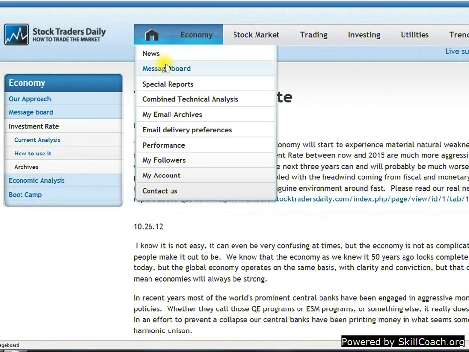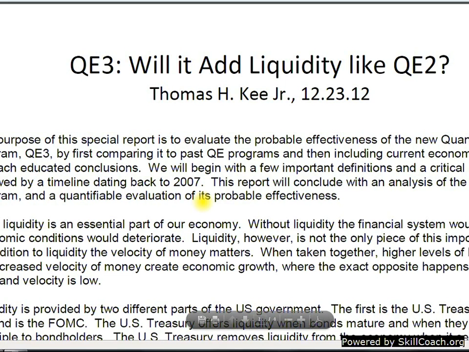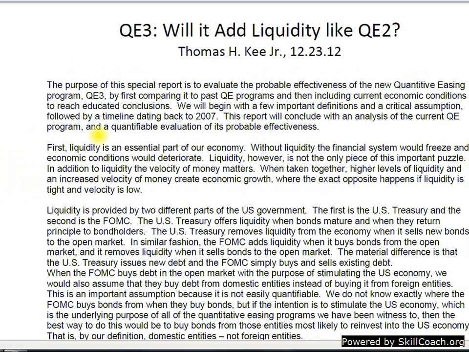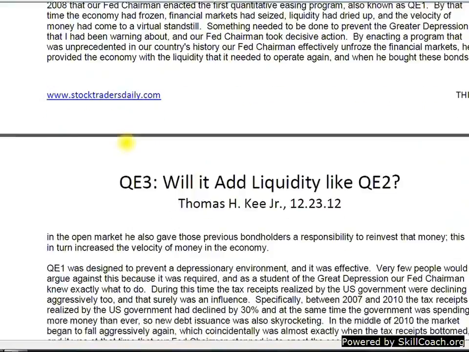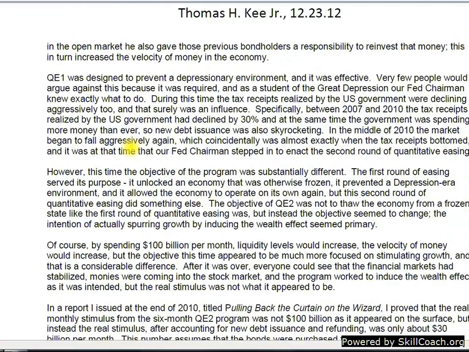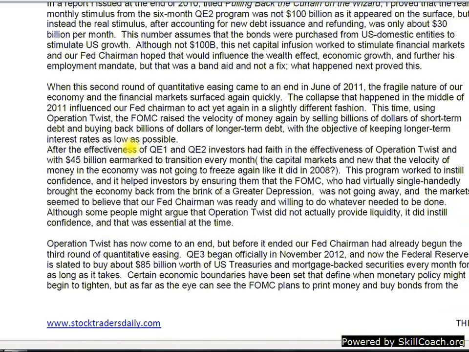I've actually already done that in a special report. It's an effectiveness assessment of QE3. I'm going to let you read that yourself, but I'm going to tell you what it says. We talk about the real stimulus from QE2.